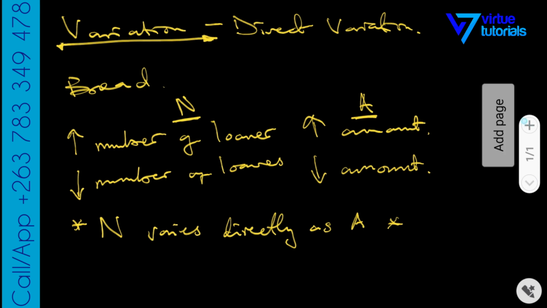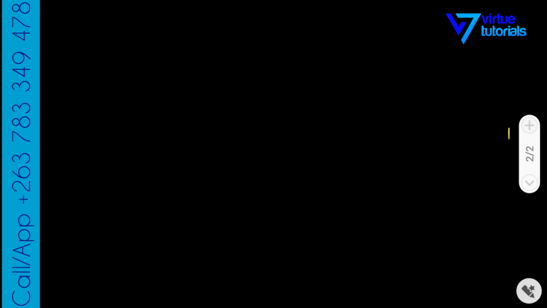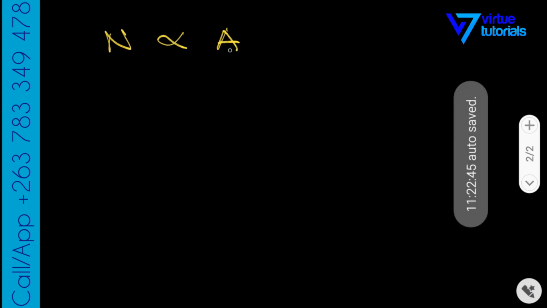Now this is mathematics, so we can shorten this whole thing by using the variation sign. So you can write n and put this here, which is a Greek letter alpha, and then write your a. This is a variation sign, so this statement is still the same statement. N varies directly as a.